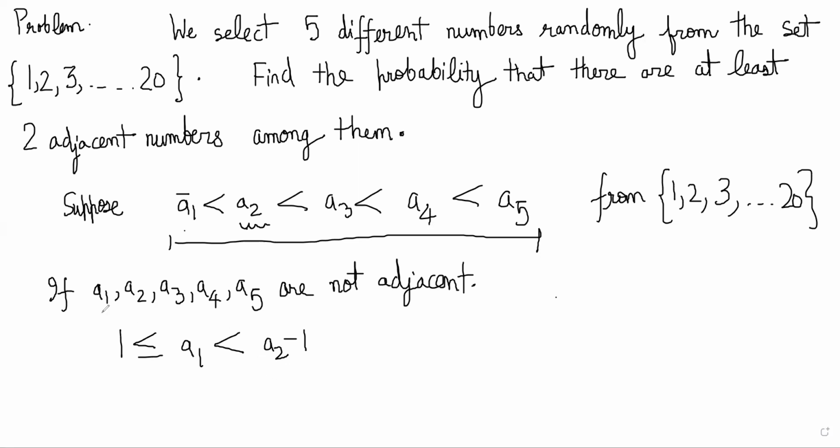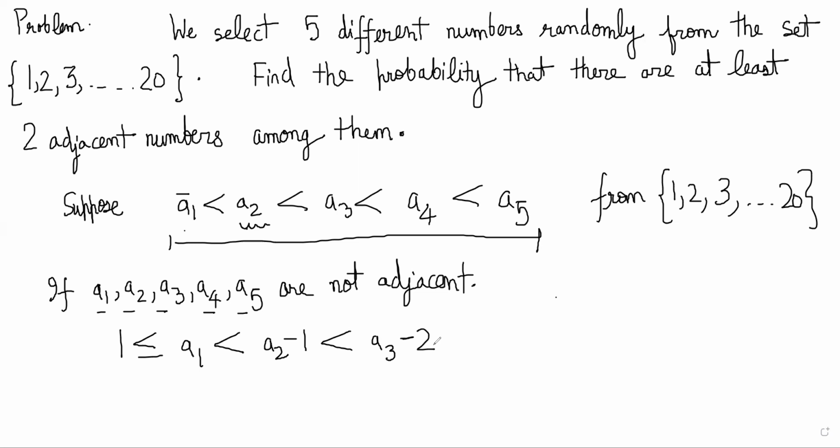So what I'm saying is if the 5 numbers are not adjacent, then A1 can start from 1 and A1 has to be less than A2 minus 1. And similarly, A2 minus 1 should be less than A3 minus 2, right? Think about it.